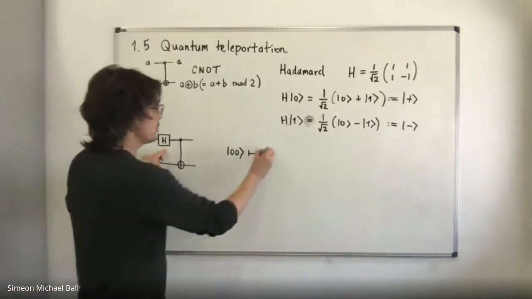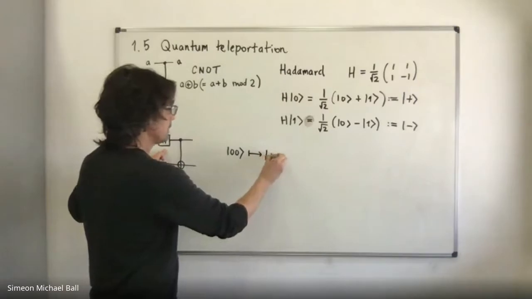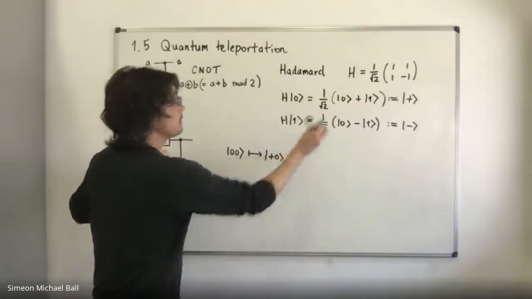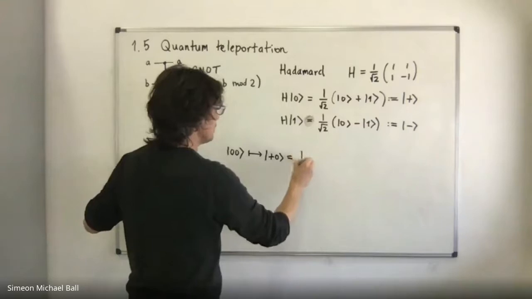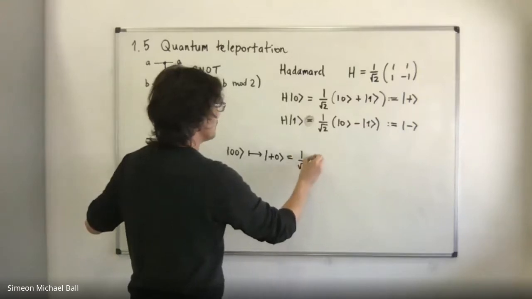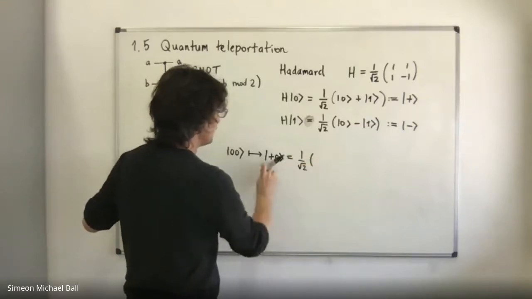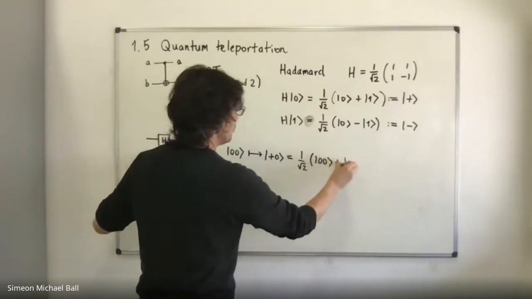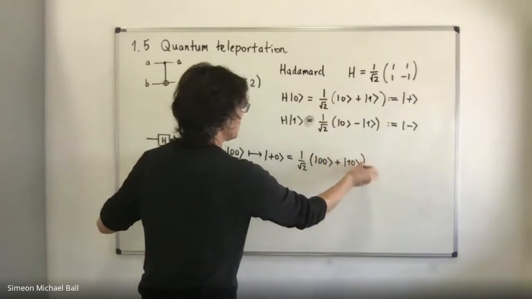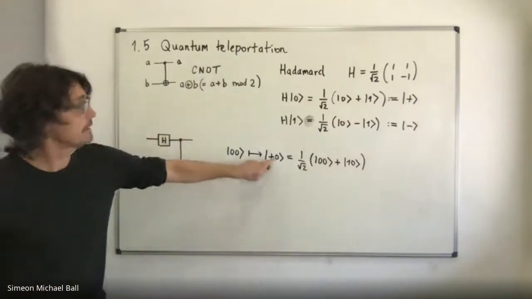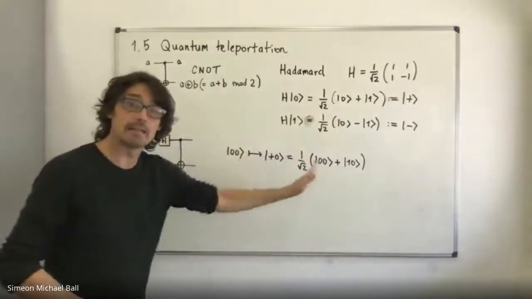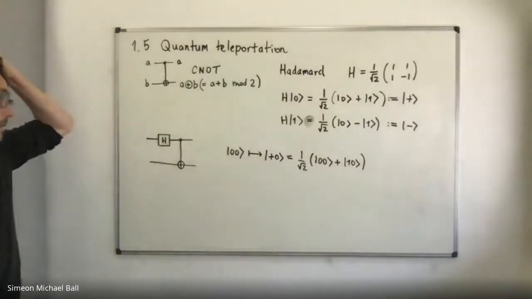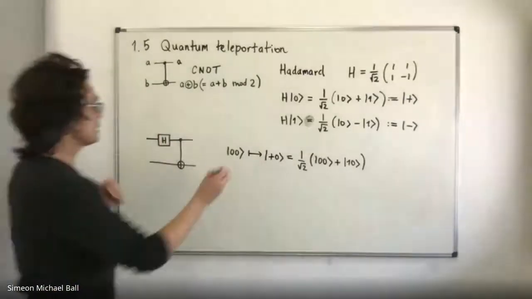Okay, so this goes to plus 0, which by definition is 1 over root 2, 0 plus 1, and then 0. Okay, so if I substitute it here and expand, I get 0, 0 plus 1, 0.